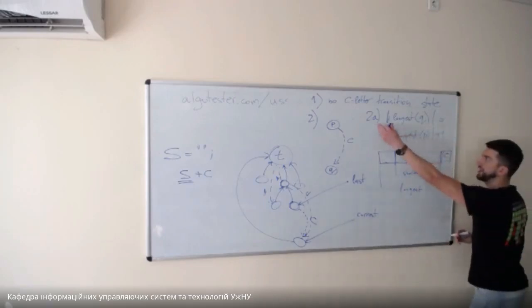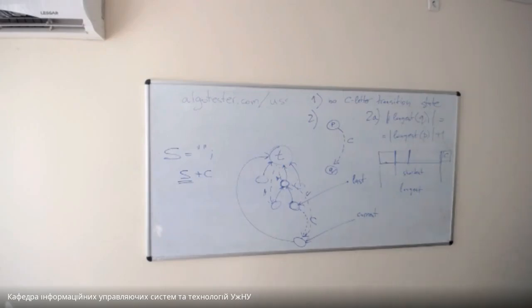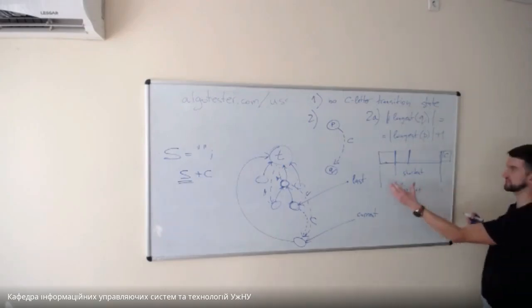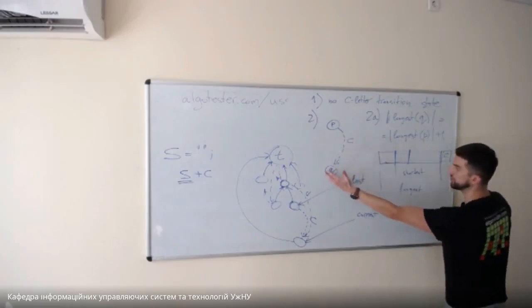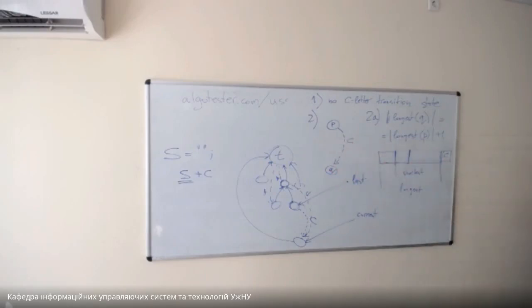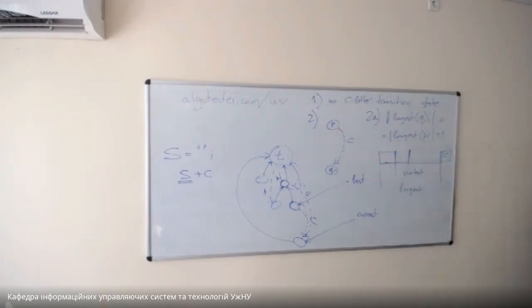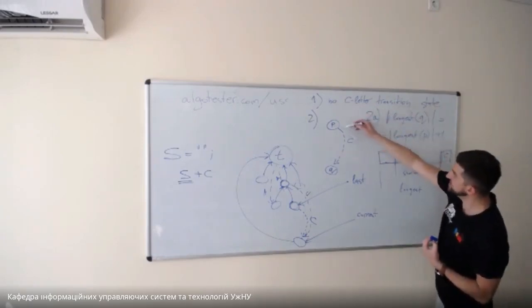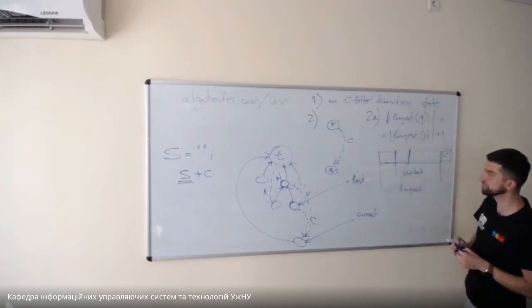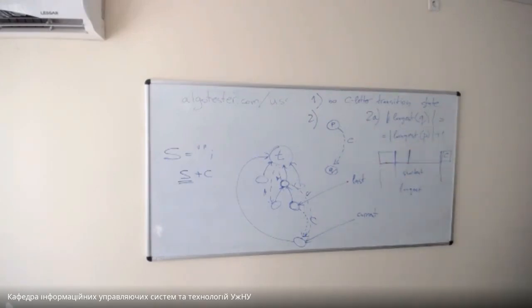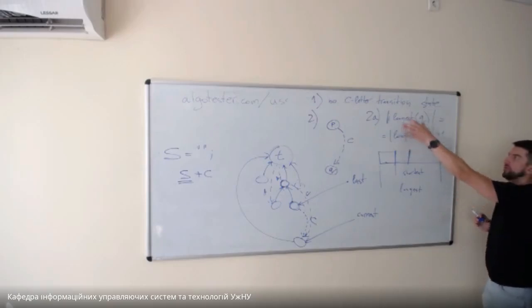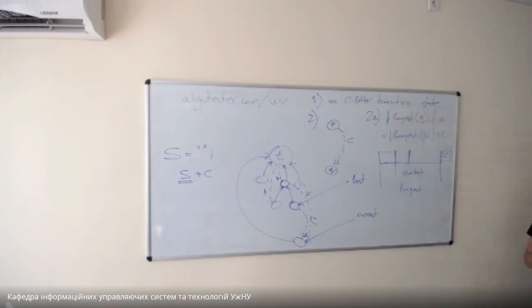So in case 2a, the longest substring in Q is one letter longer than the longest string in state P. When we have a transition from P to Q, how can these two values relate?